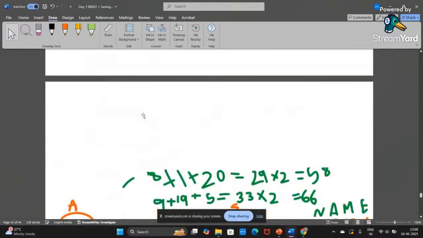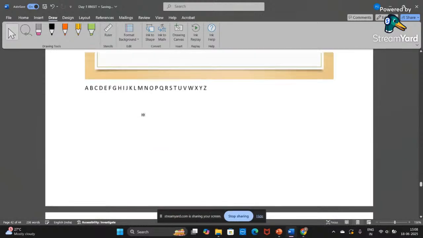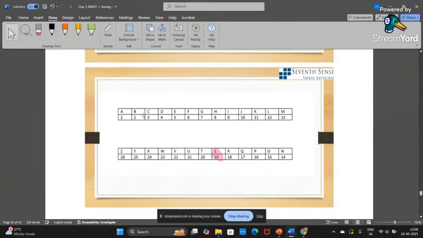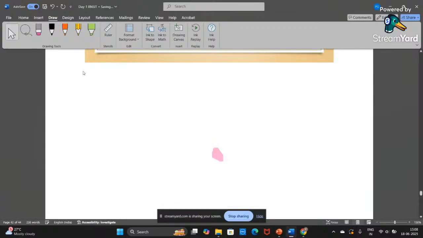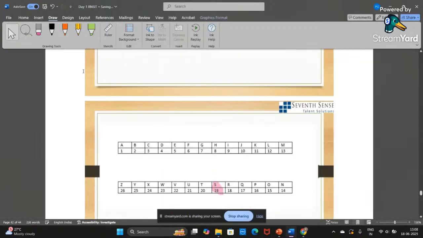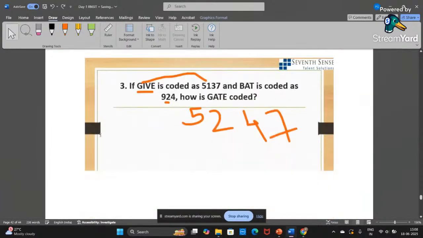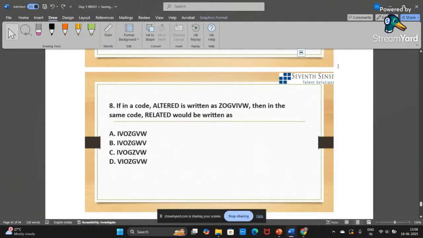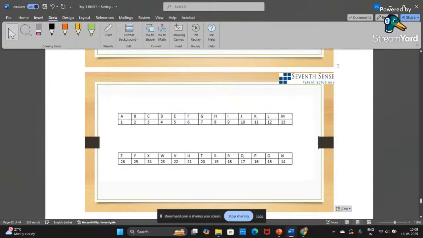Copy the table of the alphabets. I'll paste it.